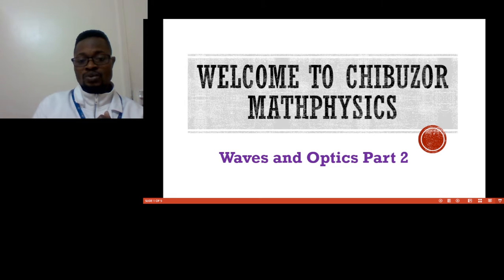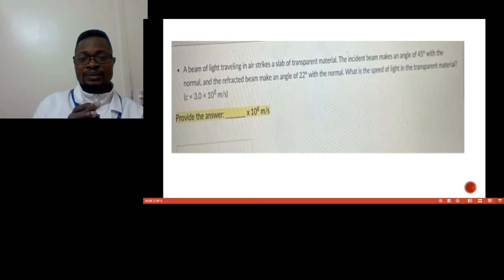In this question, we'll be having the reflected rays. We have something about the incident beam, the incident angle and also the refracted angle. Here is the question. We're given that a beam of light traveling in air strikes a slab of transparent material.